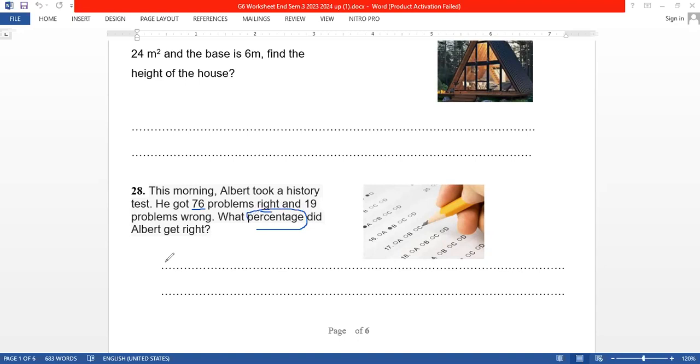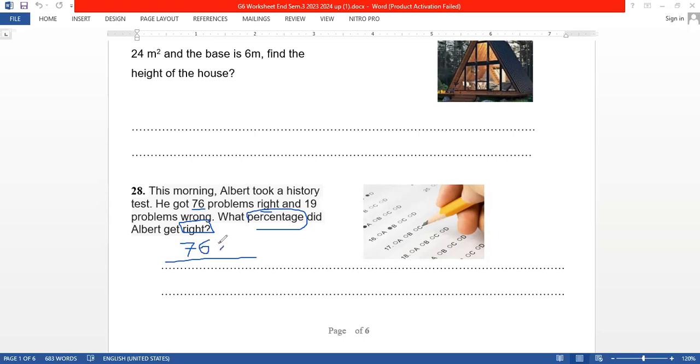As you remember, for the percent you multiply the part, the right answers, by 100 and divide by the whole. He asked me the percent of the right, so the part is the right, 76.